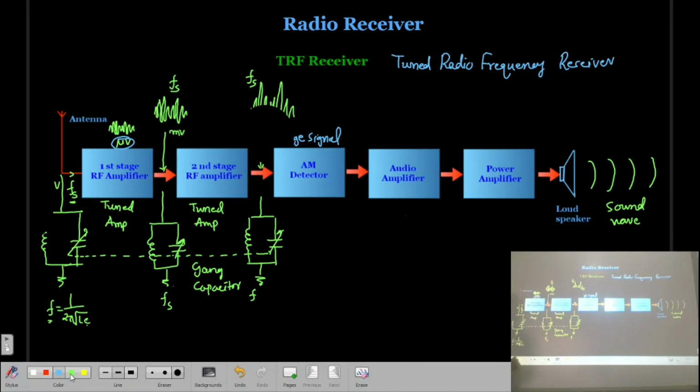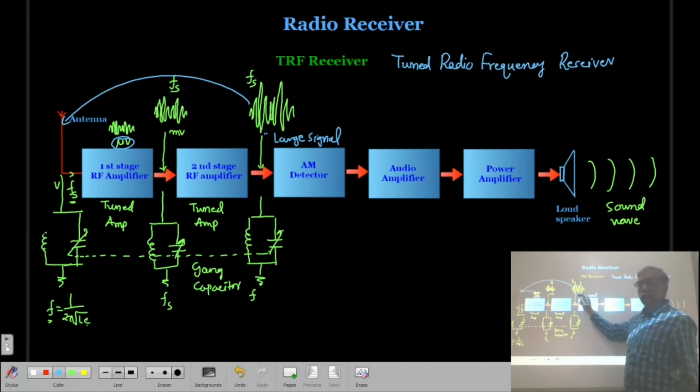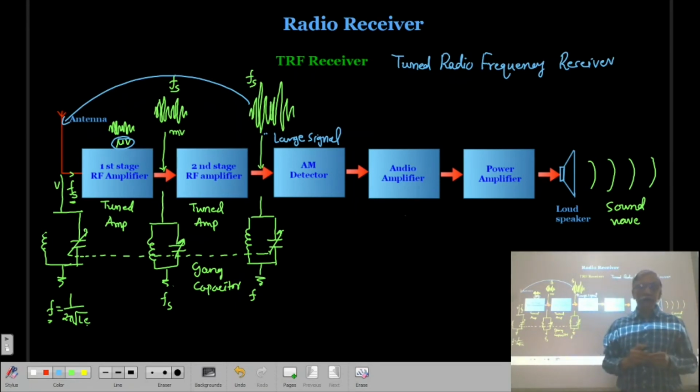At this point we have a sensitive antenna. So what will happen? Due to this powerful signal, this antenna can pick up the signal, and when this powerful signal passes through a copper wire or copper track, it again produces a kind of radiation.